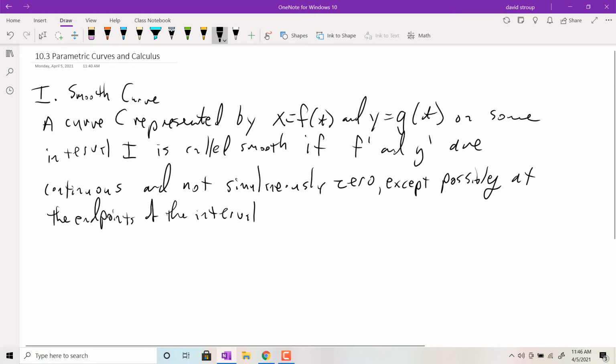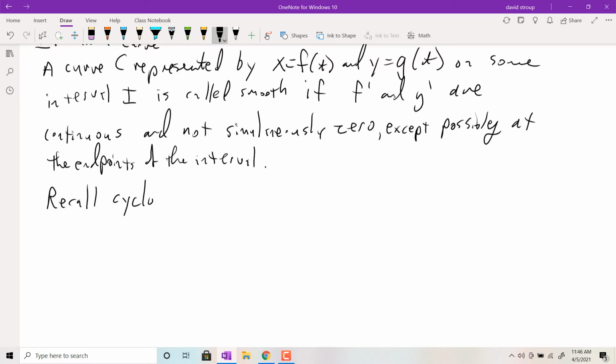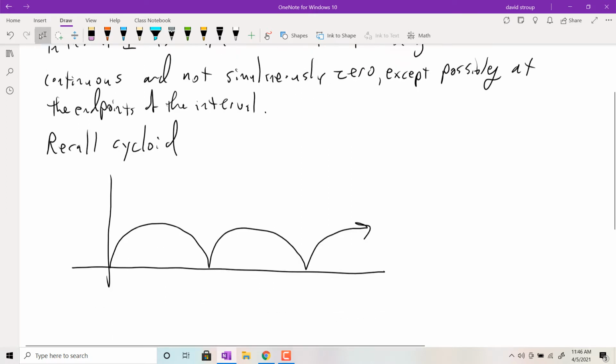Okay. So in particular, we were working with the cycloid in the last section, so recall the cycloid. And this gives a pretty good idea of the issue. Our cycloid was kind of like a bunch of humps created by the rolling of a circle. It just keeps on going like that.